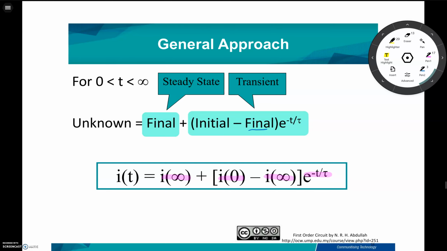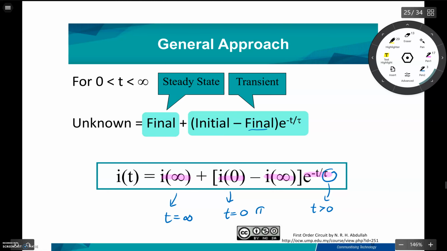For I infinity, you get the value of i when t is equal to infinity, and for I naught, you get the value of i when the time is equal to 0, and tau, you get the value when the time is more than 0.